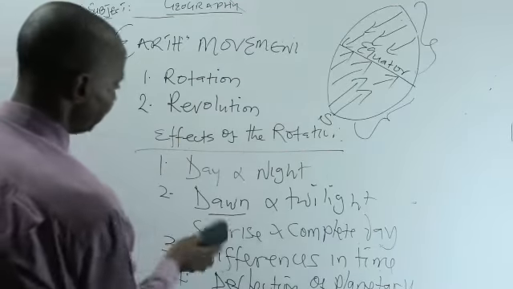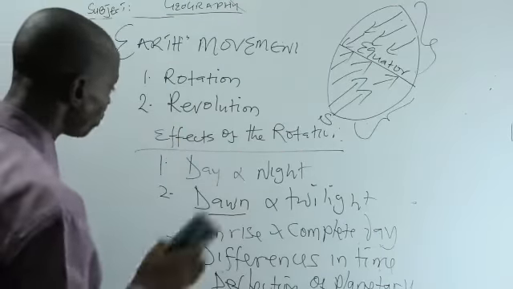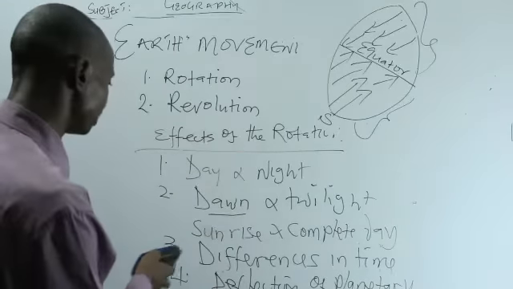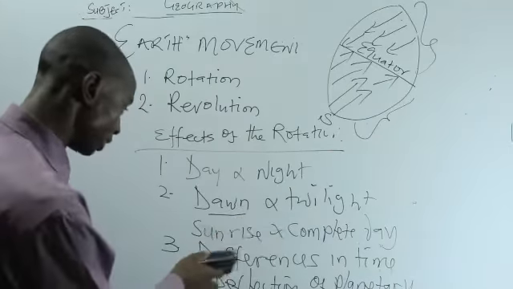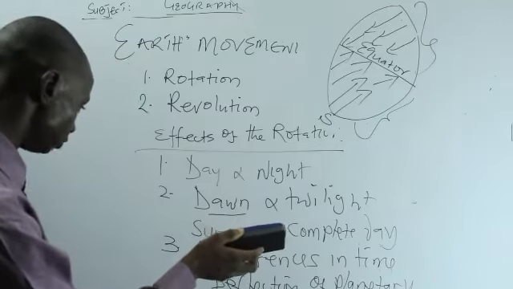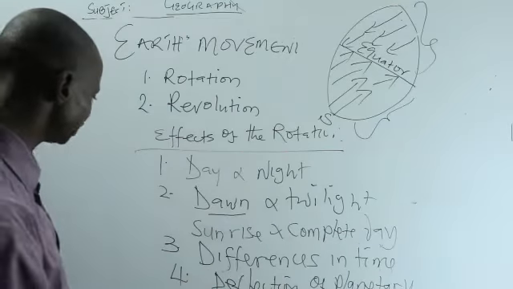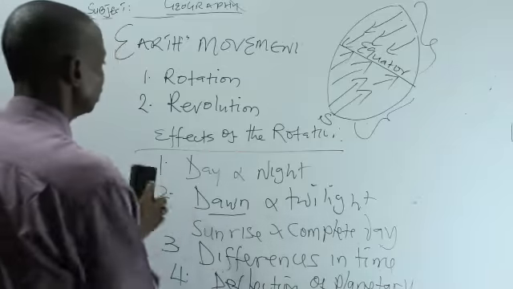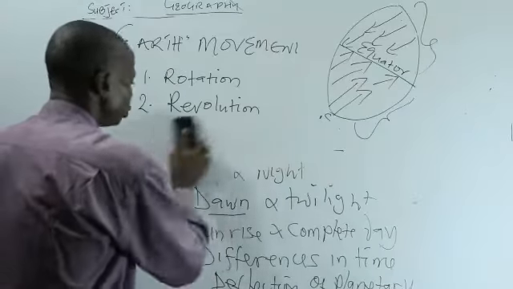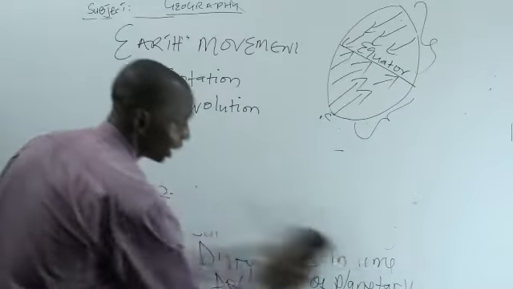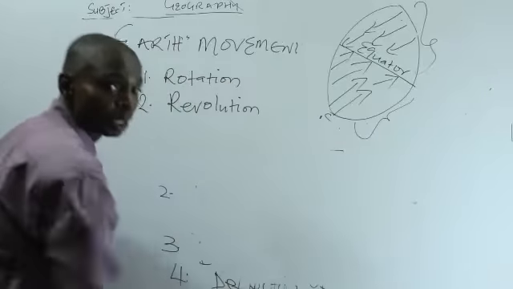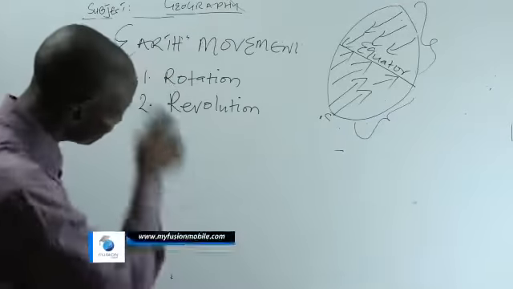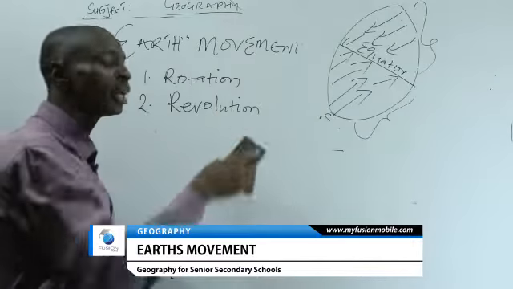Now, these are the effects of the rotation. Number 1, day and night. Number 2, dawn and twilight. Number 3, sunrise and differences in time at different places. Number 4, deflection of what? Of planetary wind. Now, let's look at the revolution, because at the end of the day you must know how to define the two terms, rotation and revolution.